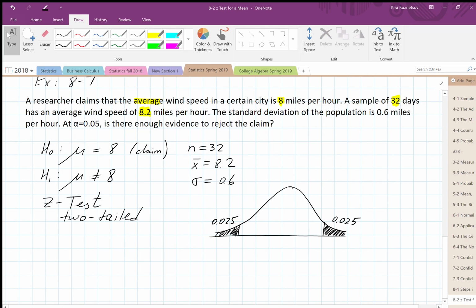In order to continue with the p-value method, the easiest way to do this is through the calculator. Go into stats, go over to tests, and you need a z-test. The first thing it's going to ask you is, do you have data or stats?